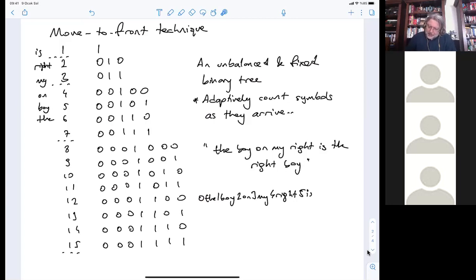And then comes "the." The is in the dictionary. So we don't transmit it as a separate new symbol by saying 6 the or anything like that. Instead, we transmit the symbol notation of "the," which is in the 6th place in the list, and that is represented as the bit stream 0, 0, 1, 1, 0.